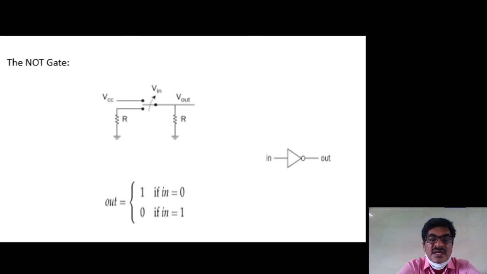Then coming to the realization of the NOT gate using this switching structure, let us see the circuit arrangement. The switching circuit arrangement is like this. There are two contact points with the switch.